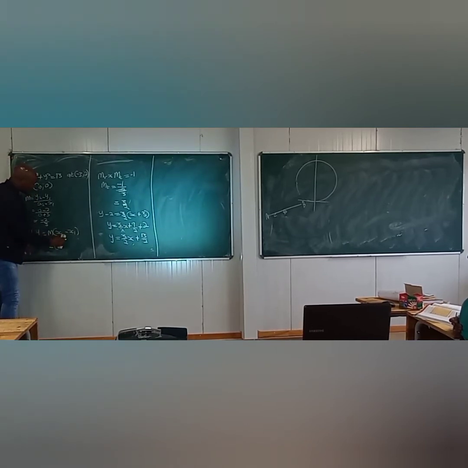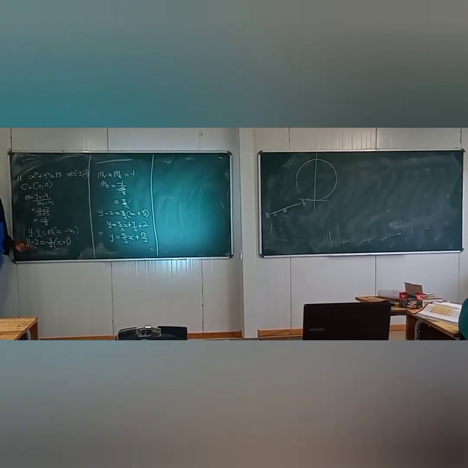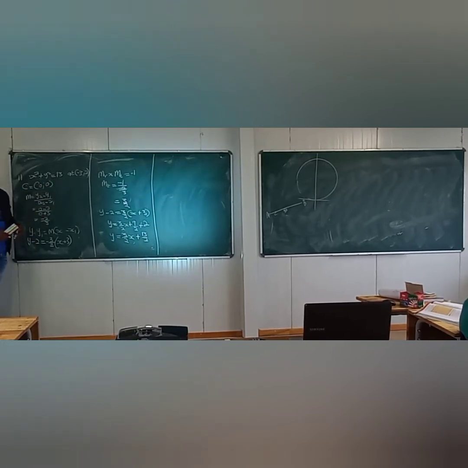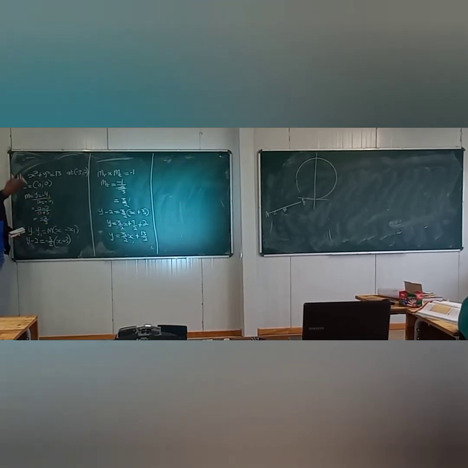It's x minus x1, so plus 3. I prefer this formula because you just substitute and take this one to the left, unlike y = mx + c, where you have to calculate c. I'm not saying that one is wrong, but I prefer this one.